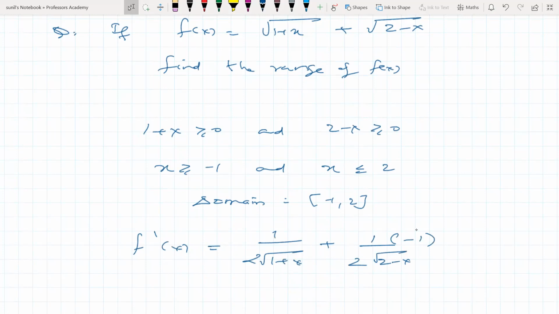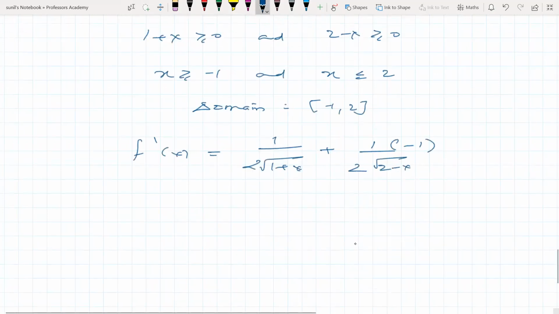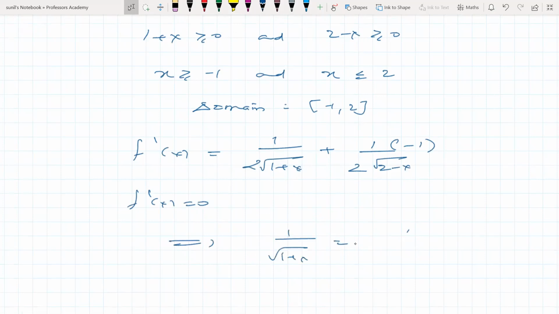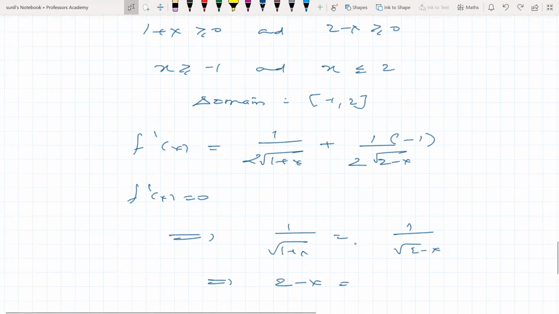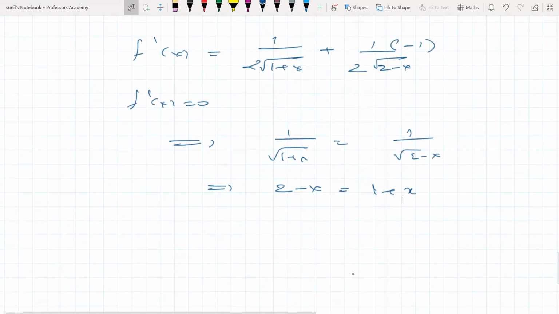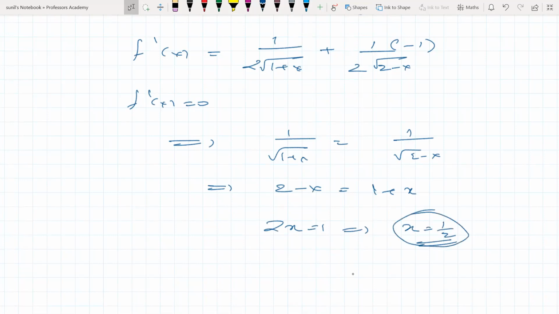So the derivative becomes 0, which implies root of 1 plus x equal to root of 2 minus x. If we cross multiply and square, we get 1 plus x equals 2 minus x. So 2x comes out to be 1, or x equal to 1 by 2. This is the point at which the derivative becomes 0.